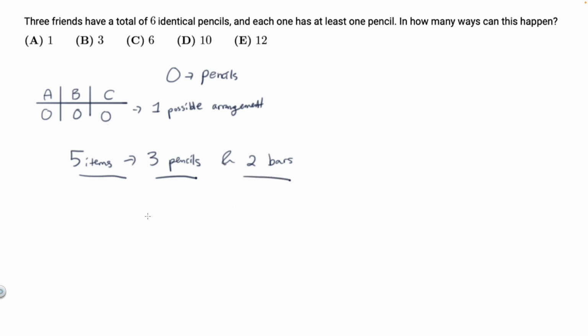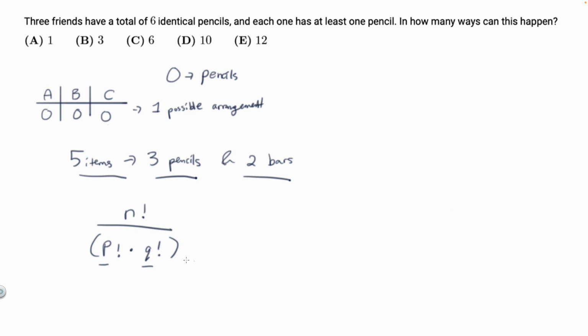To find this, we're going to use the equation n factorial over p factorial times q factorial. This says the number of ways to arrange n items where p are of one type and q are of another type, in this case p is the pencils and q is the bars.